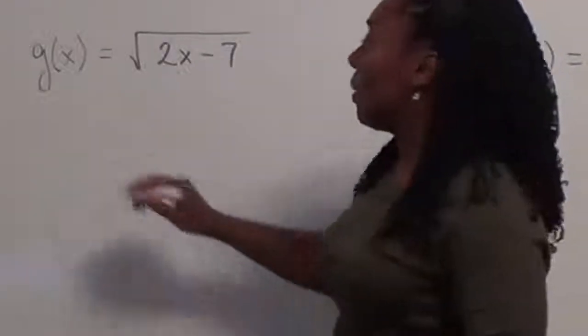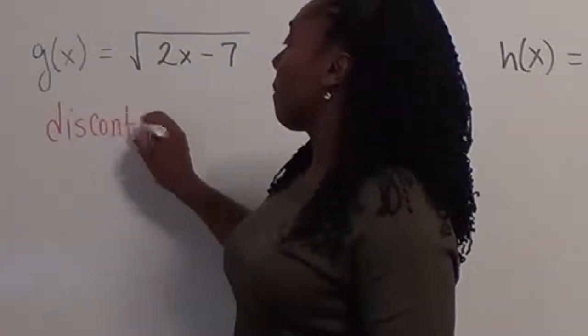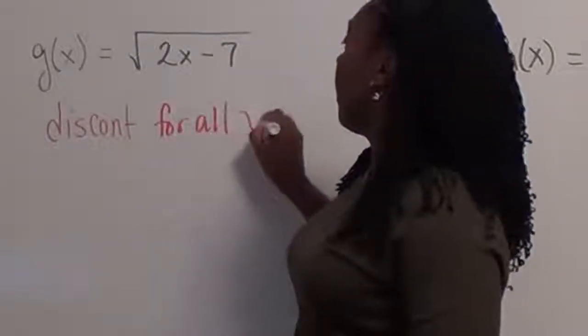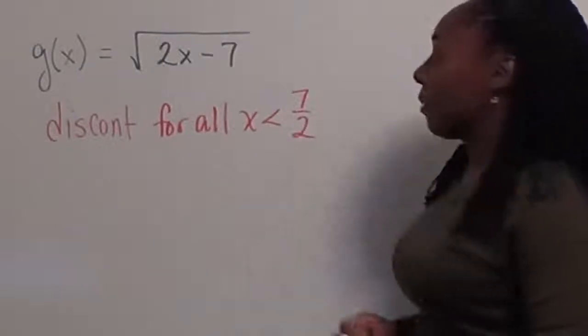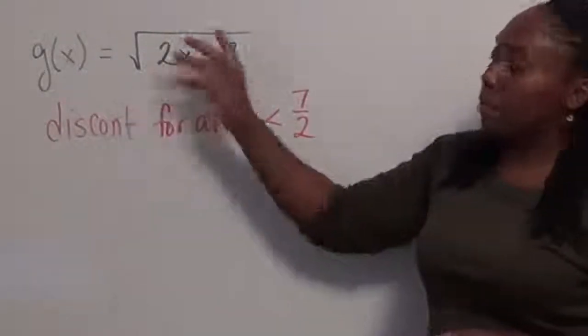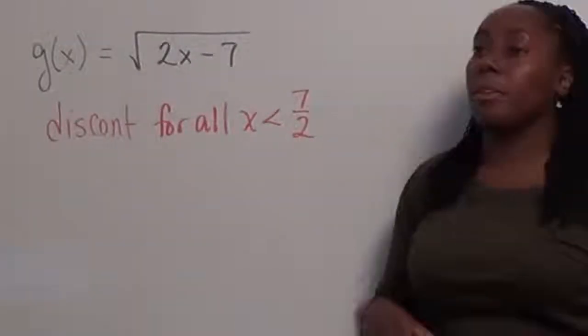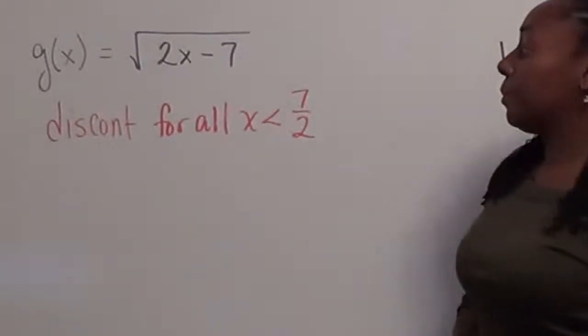So this one we would say is discontinuous for all x that are less than 7/2. Notice here I didn't include the equals, because square root of 0 is just 0, and that is defined. But all of these values make the function undefined, which means they're all discontinuities.